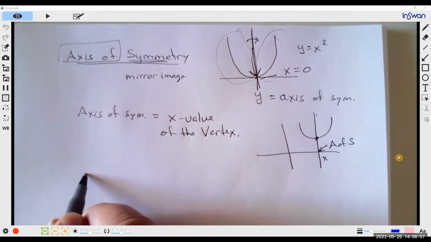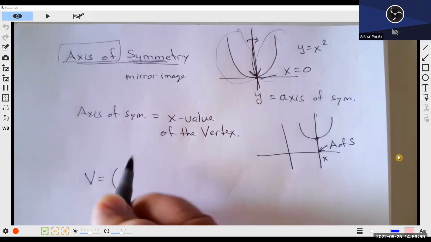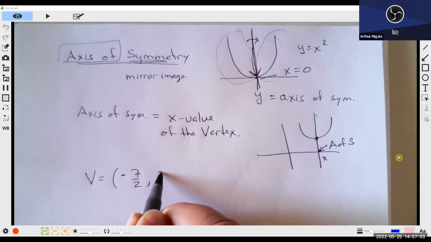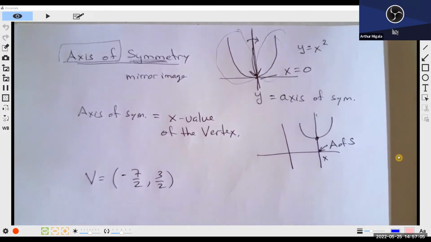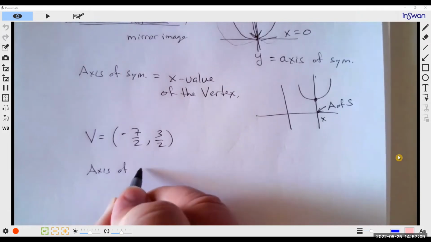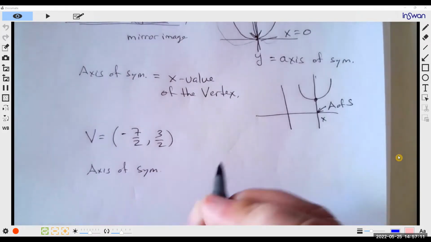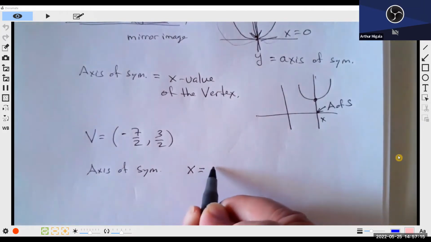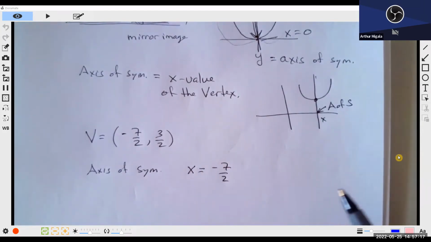Gotcha. Since our vertex in the previous part was (-7/2, 3/2), our axis of symmetry is x = -7/2. I forgot if it wants you to write x equals -7/2, or just -7/2.